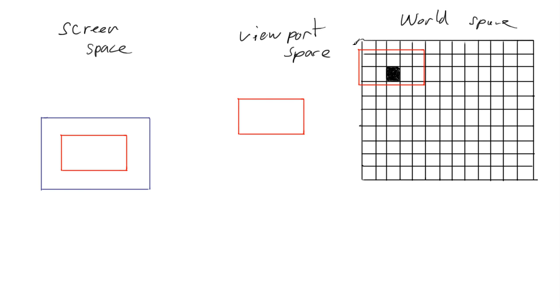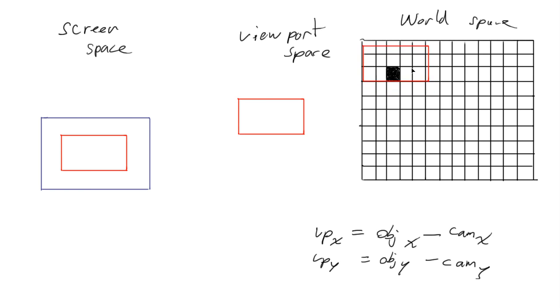How you do that is you take the coordinate of the camera. So we'll say viewport X is equal to object X minus camera X. And likewise, viewport Y is equal to object Y minus camera Y. Because think about it, camera's moving down.